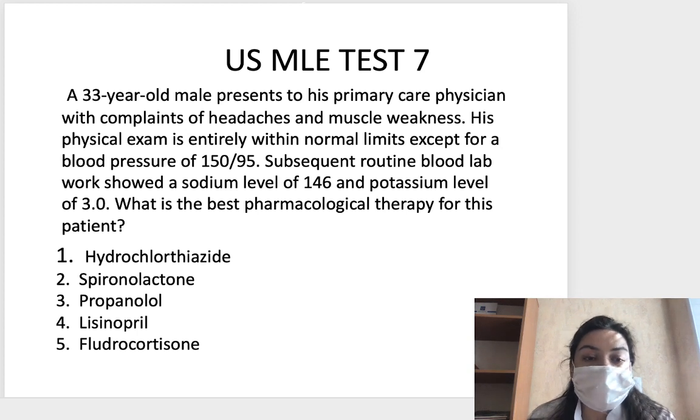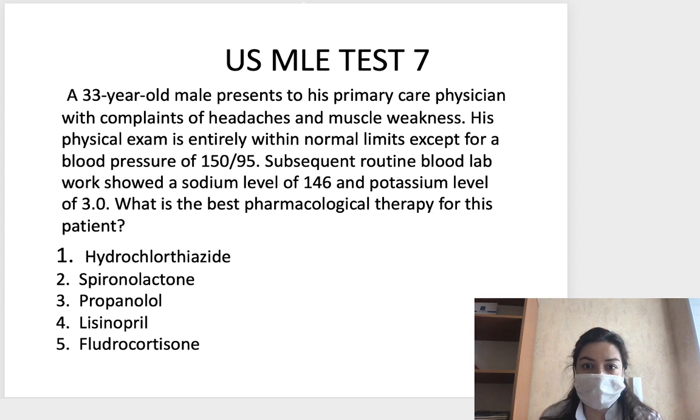One more test. A 33-year-old male presents to his primary care physician with complaints of headaches and muscle weakness. His physical exam is entirely within normal limits except for blood pressure that is 150 by 95 mmHg.